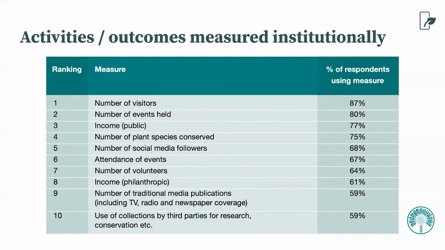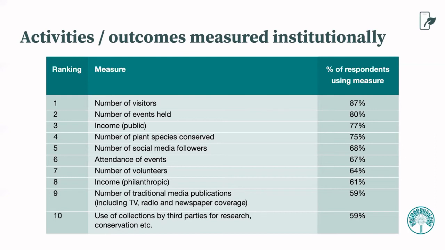And here is just the top 10 activities or measures at the institutional level. So you can see out of the 200 respondents, 87% focused on the number of visitors. That was the topmost ranking measure.